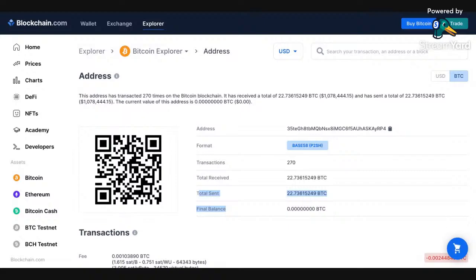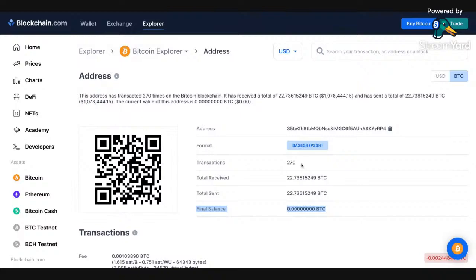The same amount that comes in is what leaves. Then you can view the final balance of this wallet address. Understand that anybody can actually access this information, and you can see how transparent it is. This is what makes the blockchain so sweet, because you can actually access all transactions. It's very, very transparent.